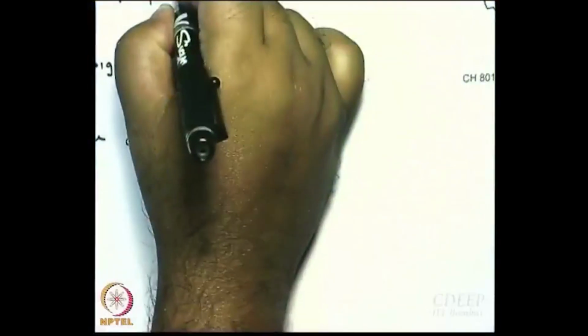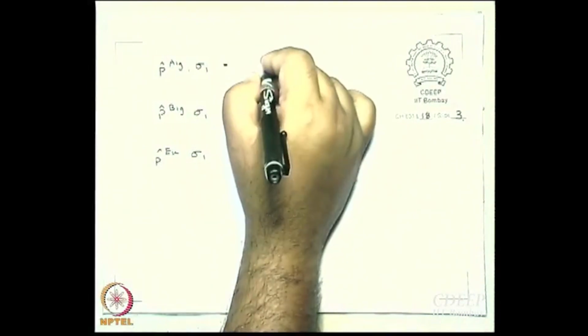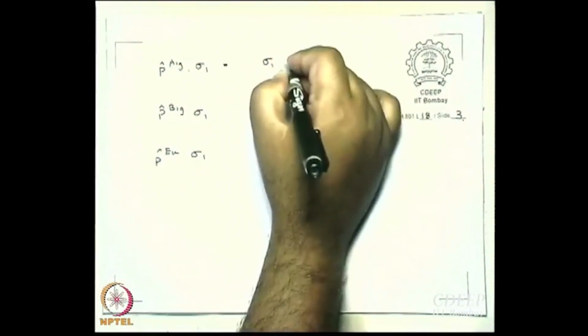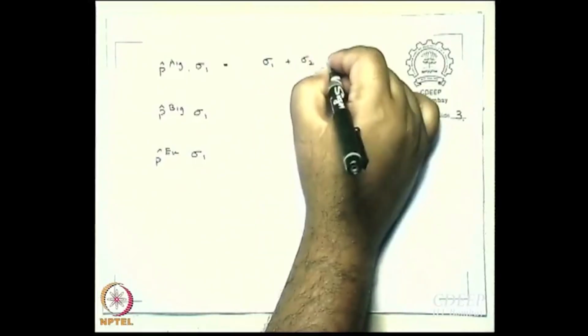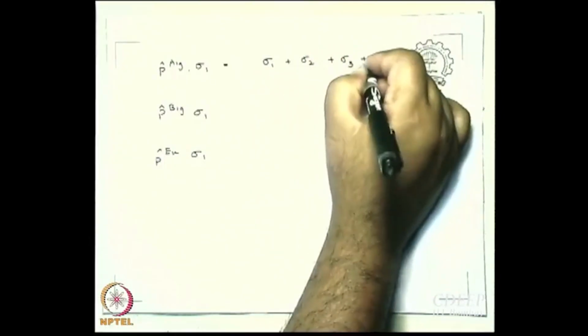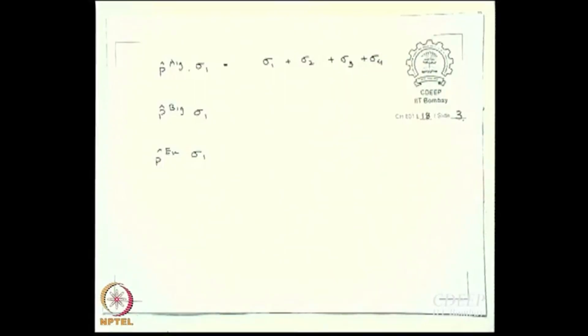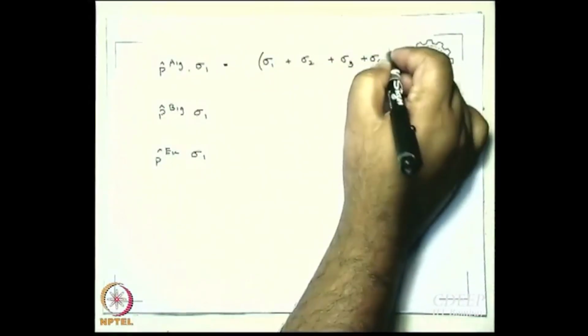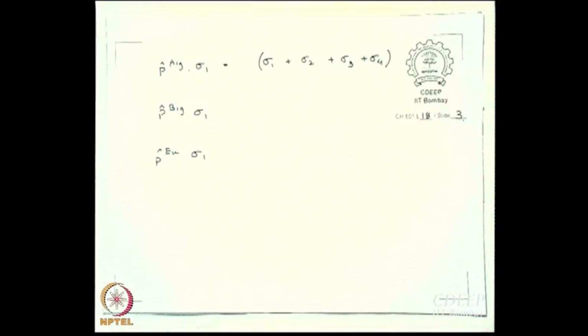But that 4 is not relevant. The relevant part is sigma 1 plus sigma 2 plus sigma 3 plus sigma 4, and normalization is something that we can now do as mental arithmetic. If it is to be normalized, what should be the coefficient? Suppose this is n.